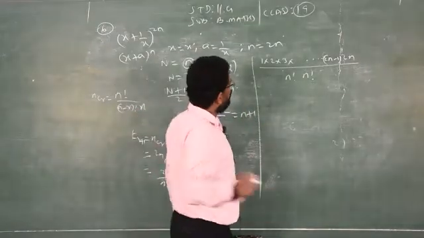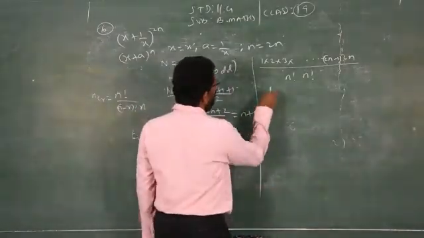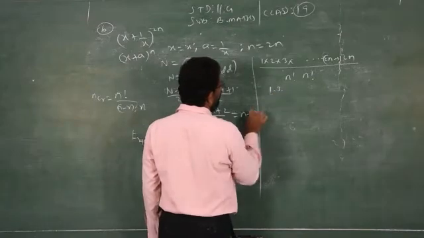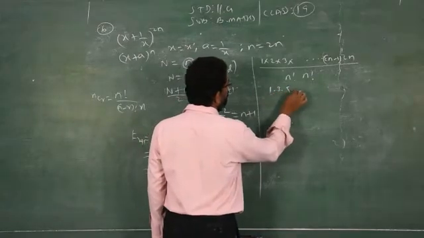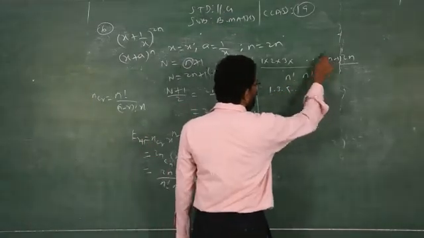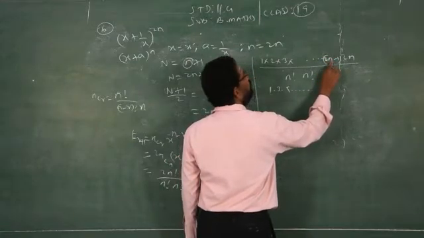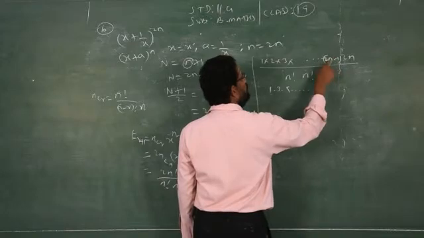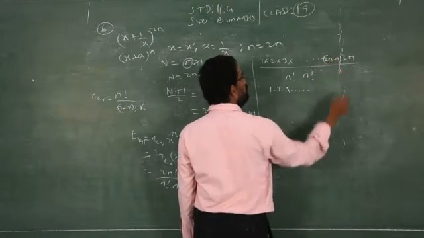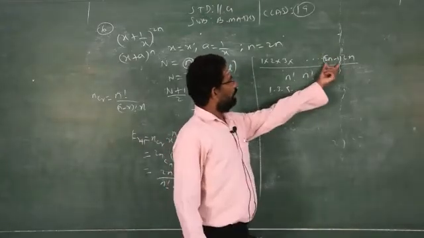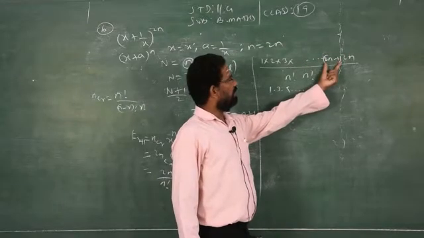According to the conditions to prove, I have to separate the odd numbers: 1 into 3 into 5 and so on. What is the last odd number? If you replace n equal to 1, 2 into 1, 2 minus 1, that is 1. If you replace n equal to 2, 2 twos are 4, 4 minus 1, that is 3. So this is the odd number. How do you check whether this is an odd number or even number?